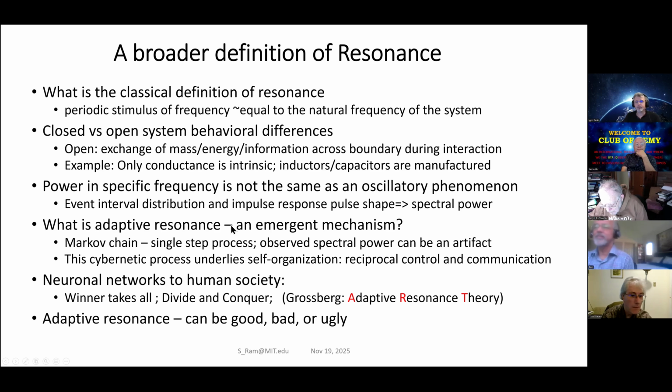Okay. So this is really what I'm going to be talking about. And then finally, I'm going to conclude that the punchline is this adaptive resonance. It can be good, bad, or ugly, exactly like what Suwon was saying, right? If this resonance between inside and outside happens in a constructive fashion, oh, that's great. The society changes towards something good.